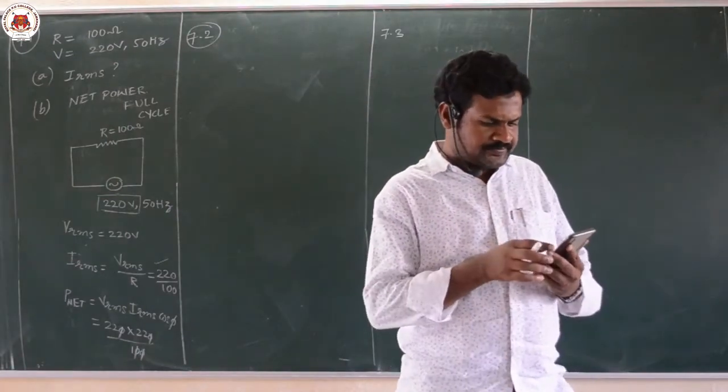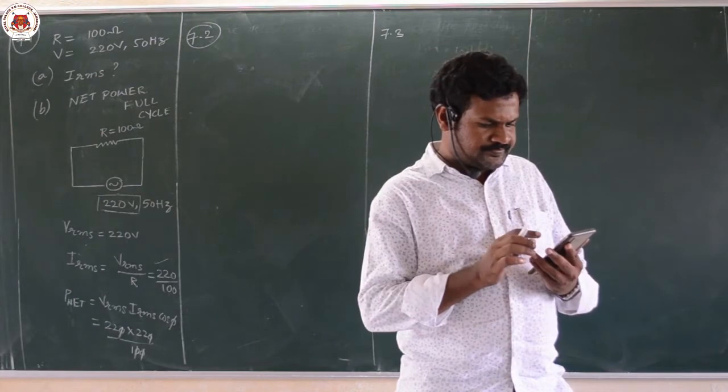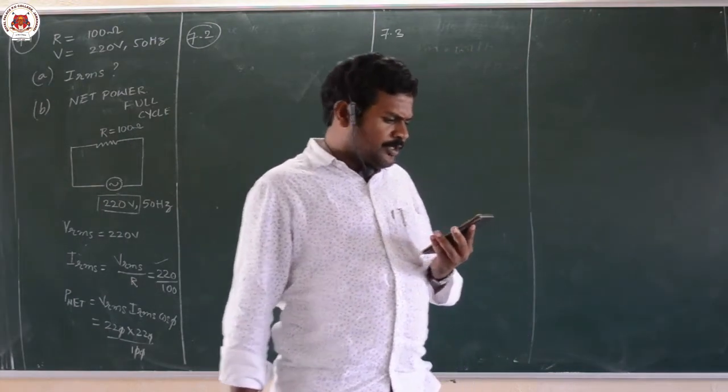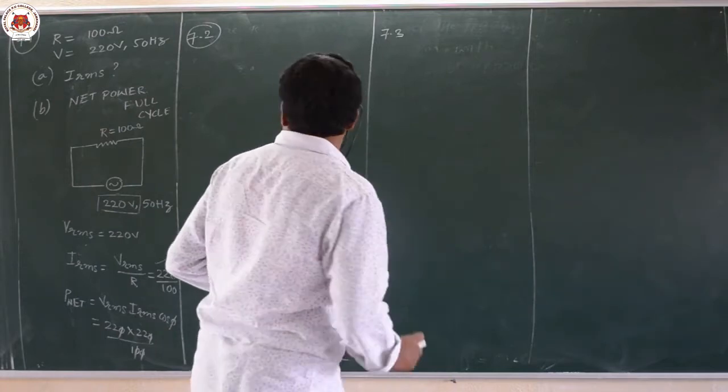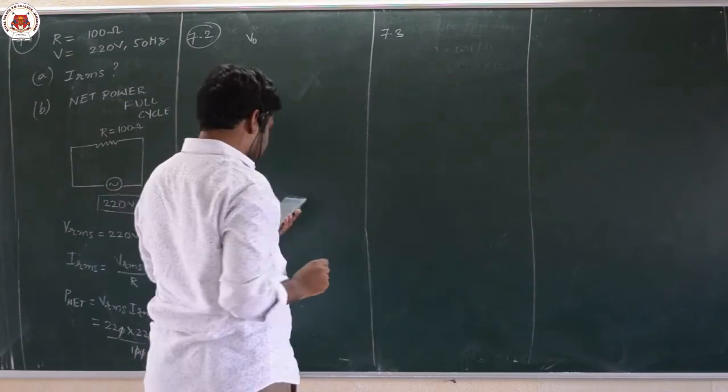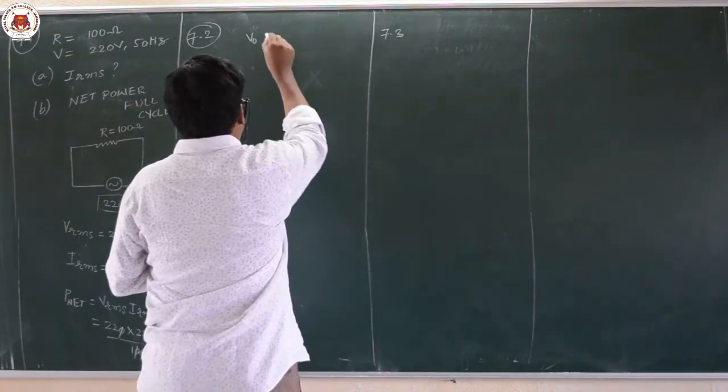Next question. 7.2. The peak voltage of an AC supply is 300 volts.